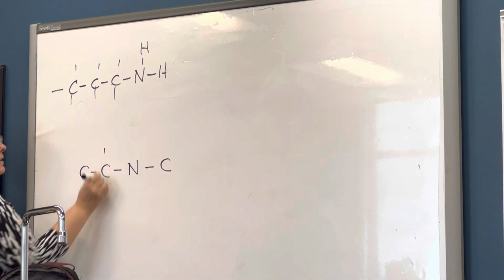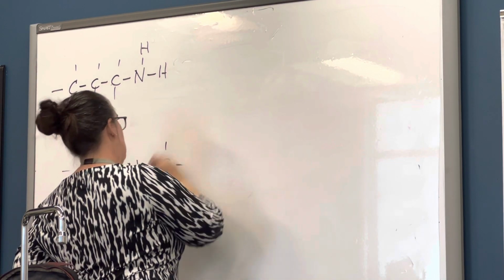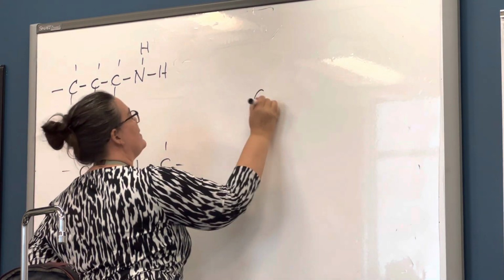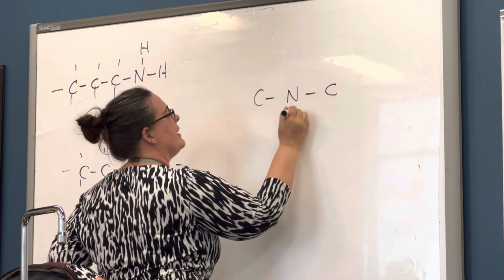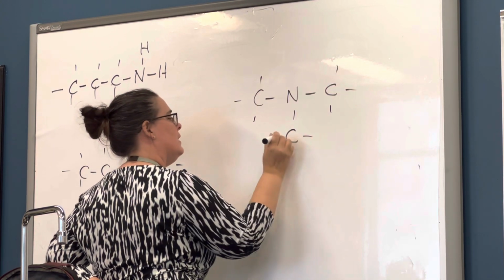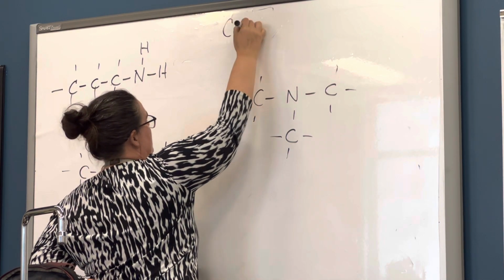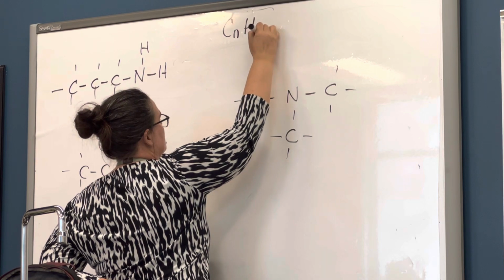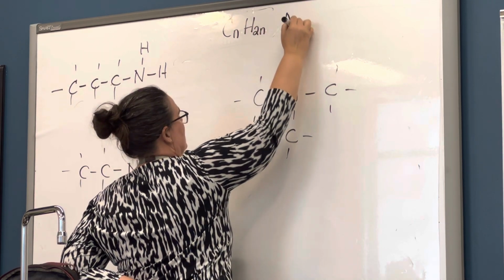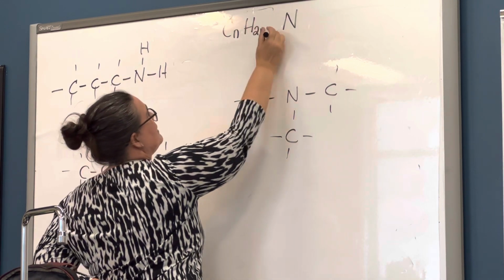What, are these also nitrogen? Give me a second, and I'll tell you as much as I can. So this is going to be something of the general formula, CnH2n.